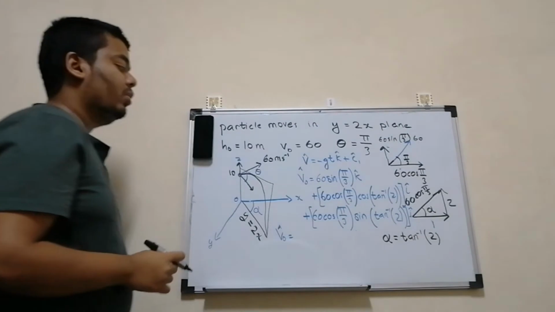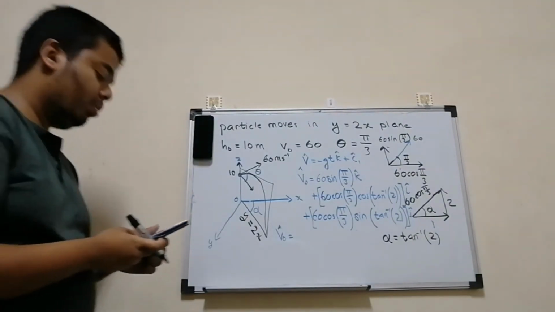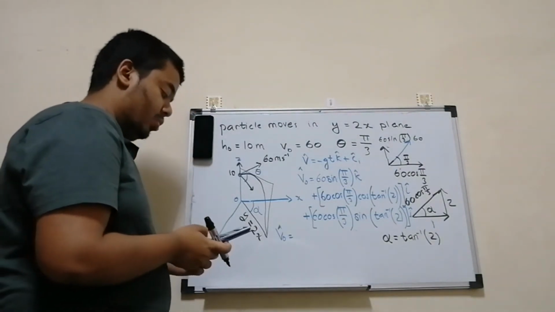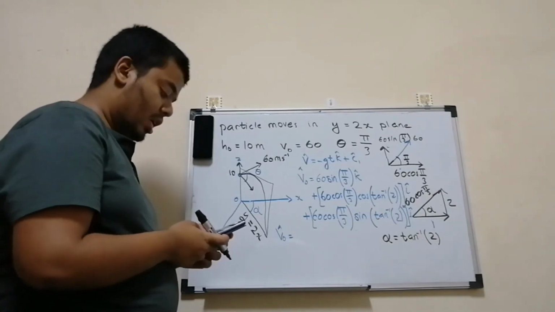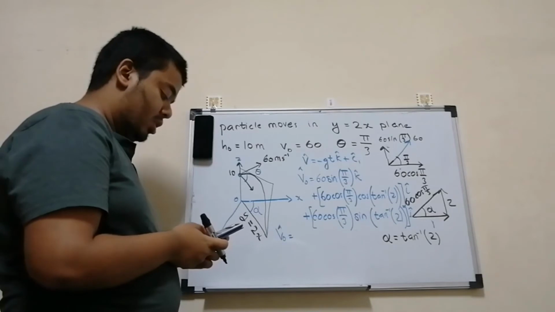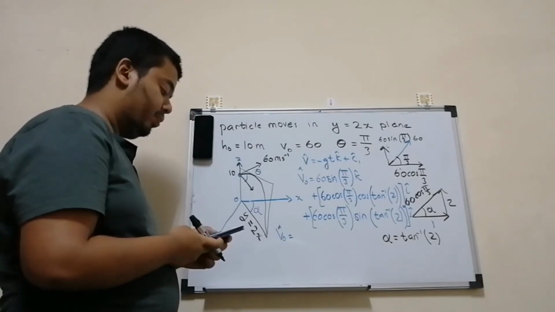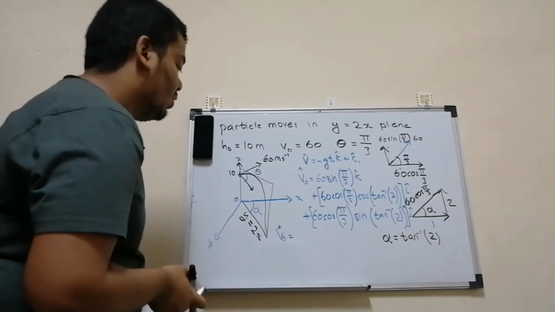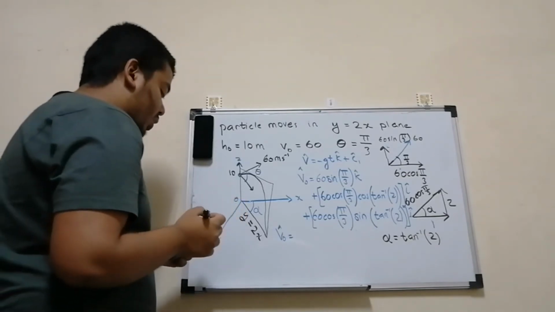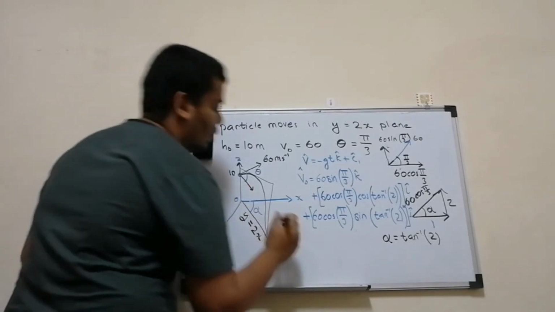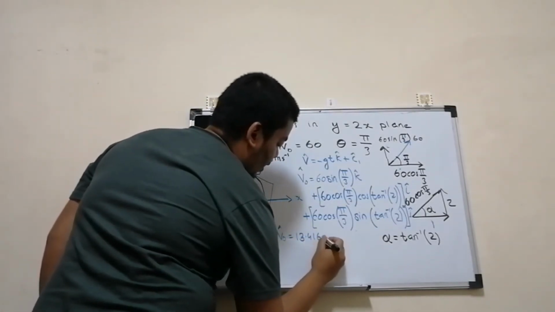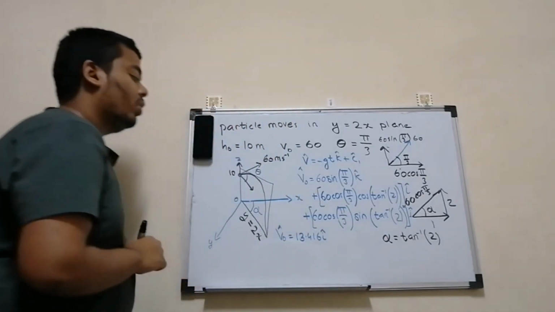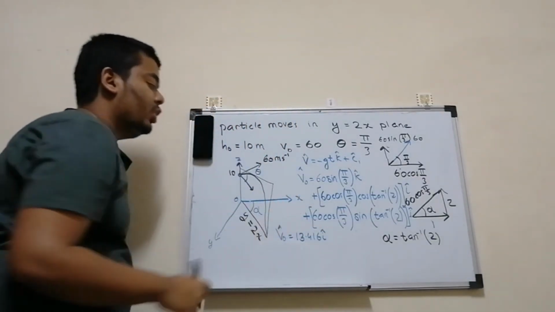So the velocity vector in the I component will be 60 into cos pi upon 3, and then cos tan inverse of 2, which is 13.416 in the I component.